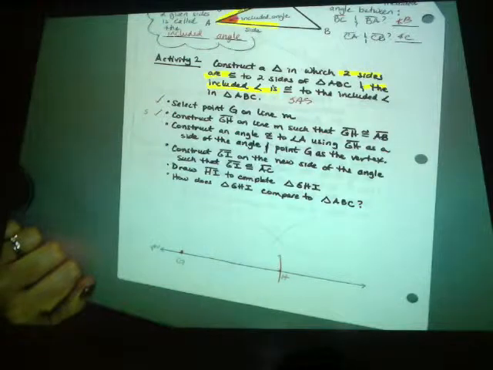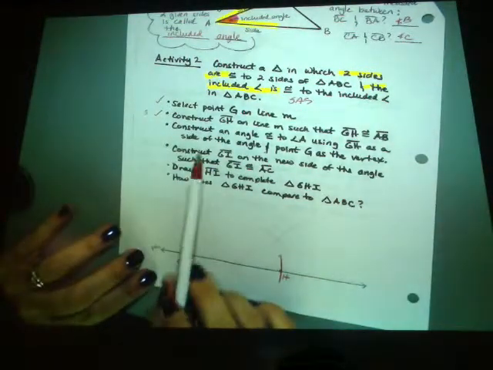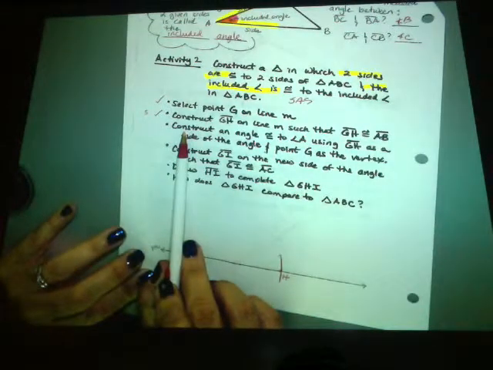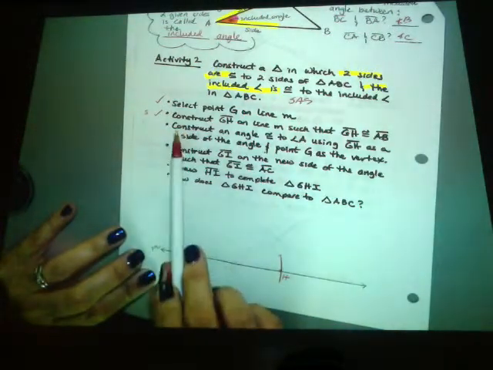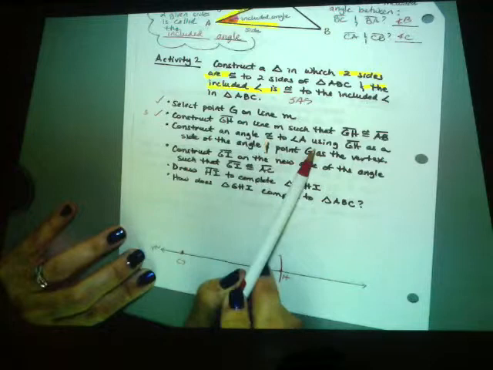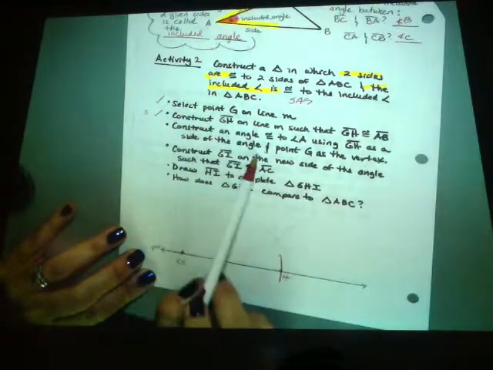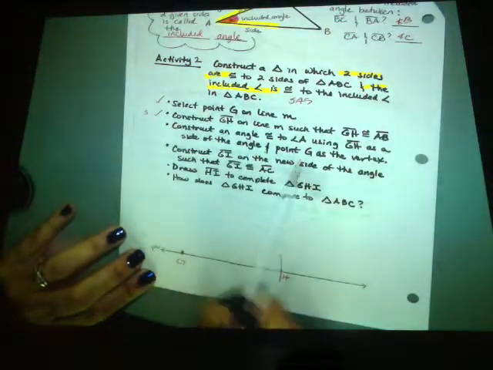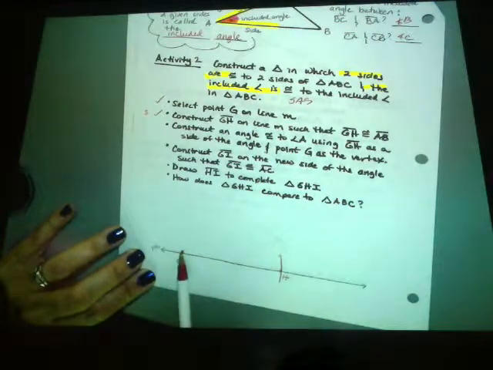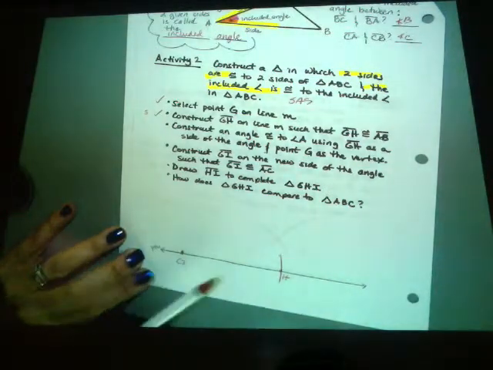We did the side. Then from that side, we're going to construct the included angle. So we're going to do S and then A, then S. So construct an angle congruent to angle A using GH as the side of the angle and point G as the vertex. So we're going to start here. This is one side. We're going to open it up here.